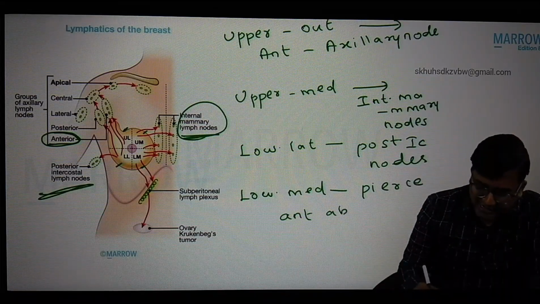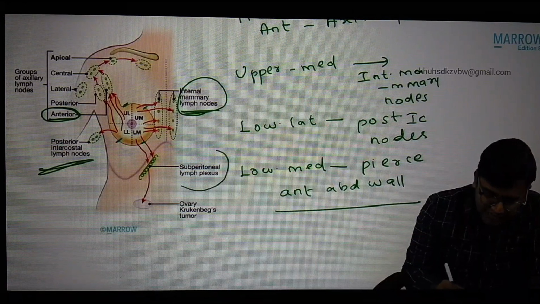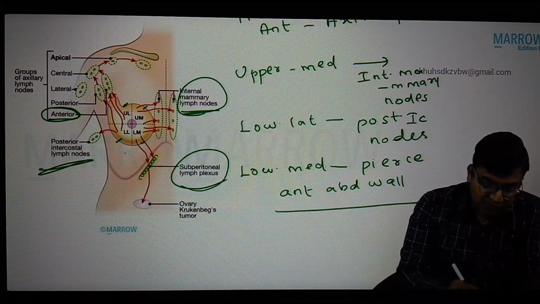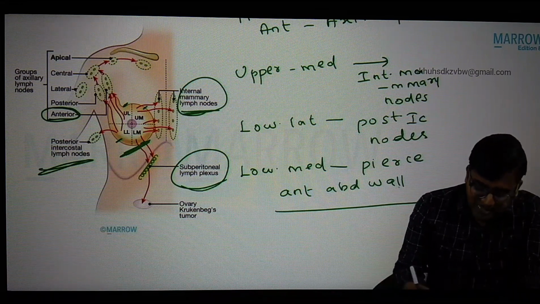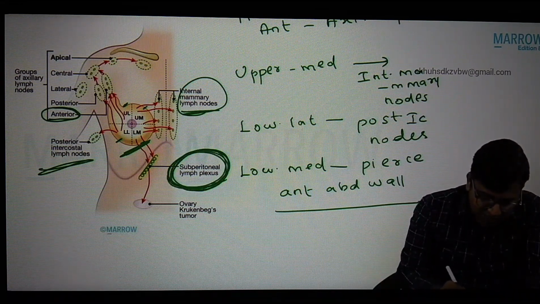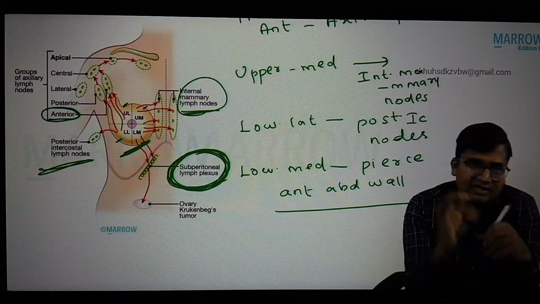They pierce the anterior abdominal wall and in turn drain into the subperitoneal lymphatic plexus. This is very important and clinically significant.